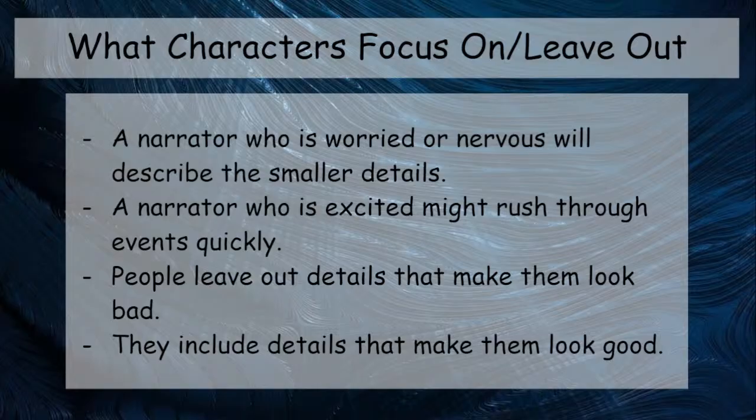That's the same with any narrator of a story. They will rush through the events quickly, and they might accidentally leave out some details. So, what characters focus on or leave out based on what they're feeling in the moment and what makes them look good and bad, that will impact how a story is told and how the readers perceive the story.